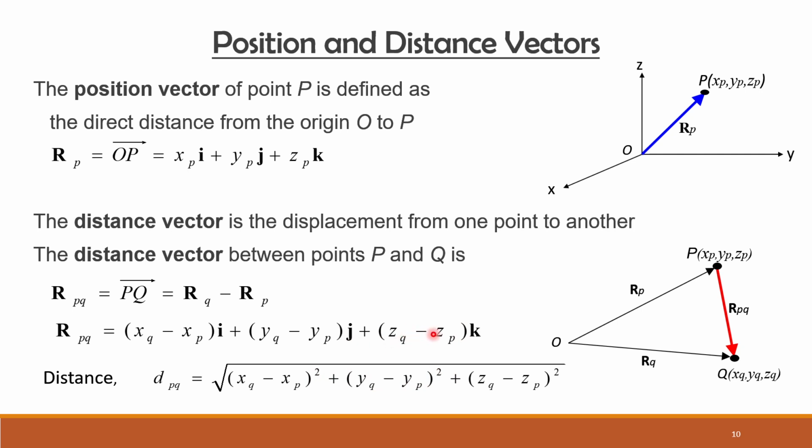Component k is ZQ minus ZP, squared. So this is the distance vector and the distance of a distance vector, meaning the distance of PQ. Then we proceed to the example.